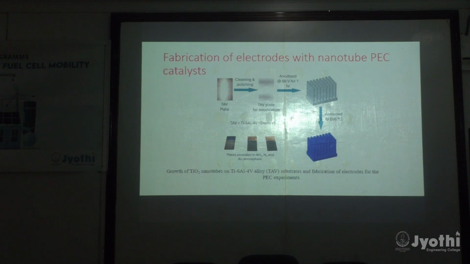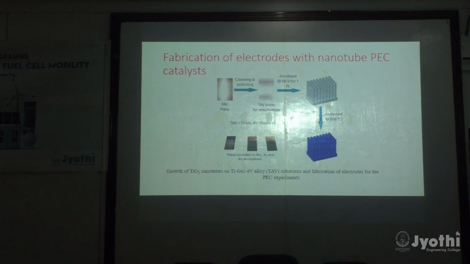What is happening is, while this growth process is taking place, when you have nitrogen, some nitrogen gets incorporated on the surface. And that, in fact, seems to reduce the band gap, so that the absorption of photons is improved.